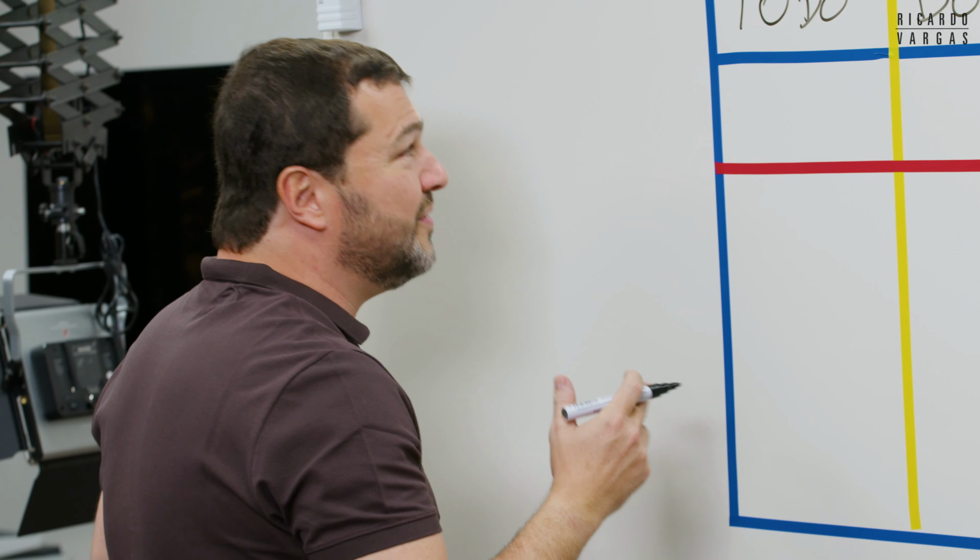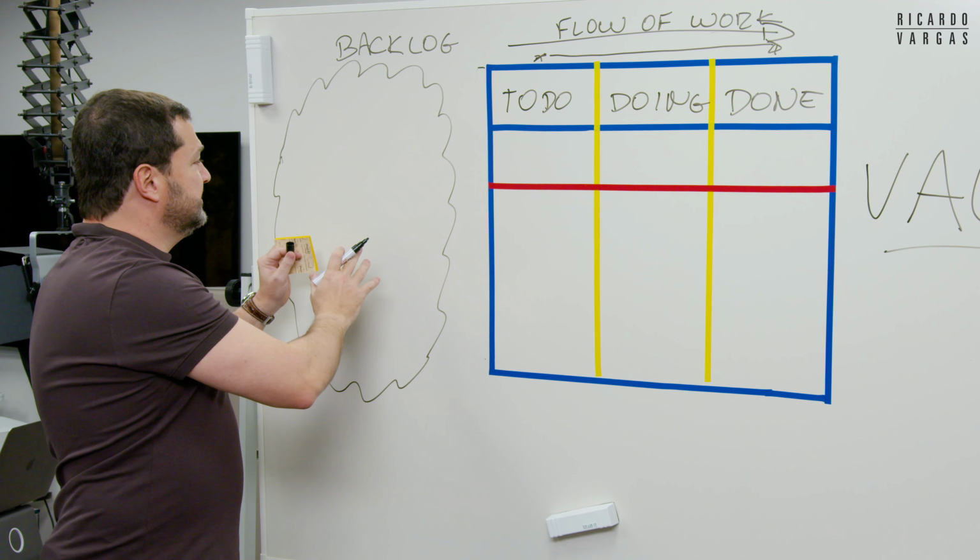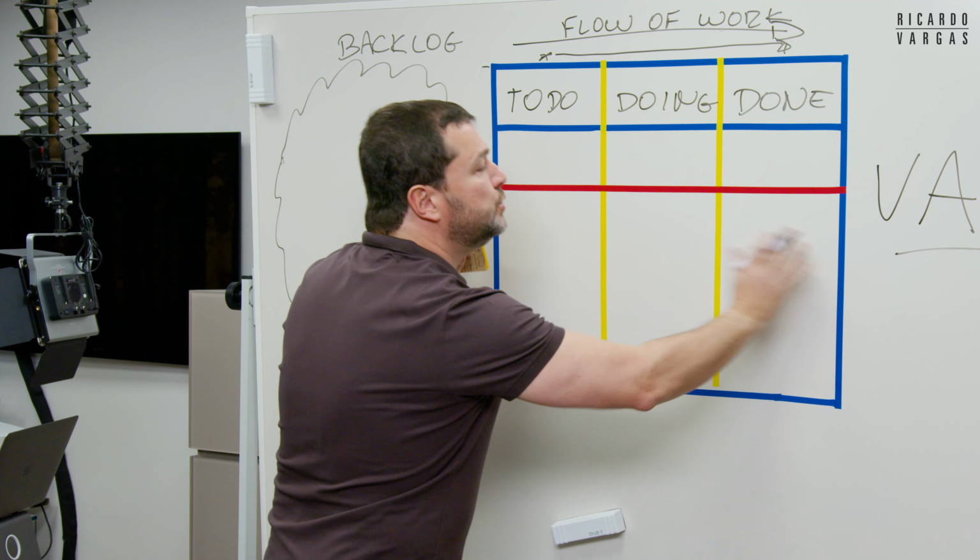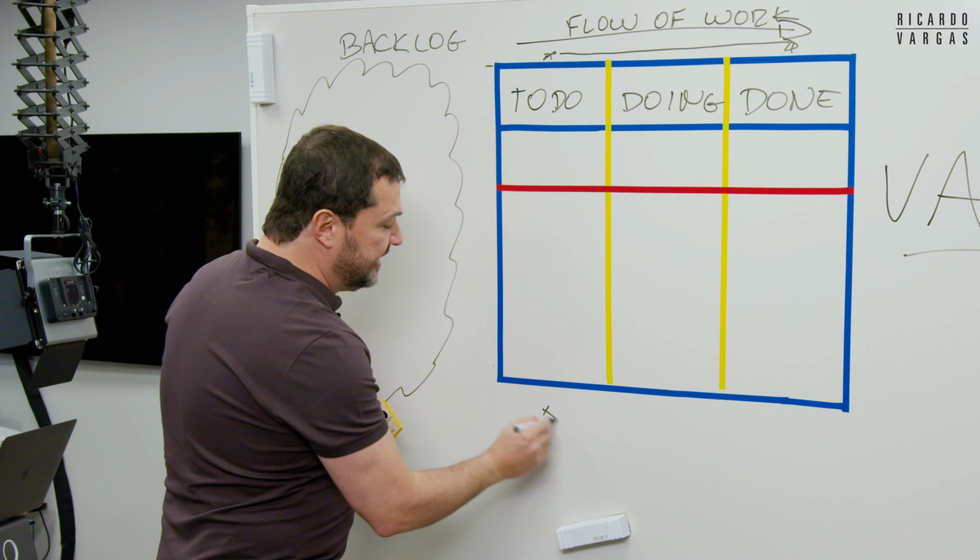And they put here backlog. What is the backlog? The backlog is every single idea, task that you want to put through this process from the beginning up to the end. And this is your backlog. So basically, you use the post-it note to create your backlog. So let's create some sets of tasks here.